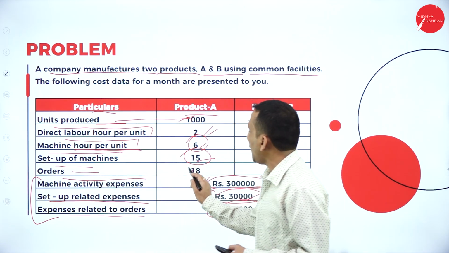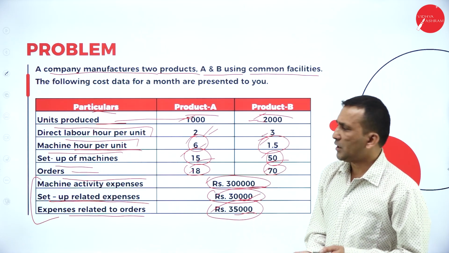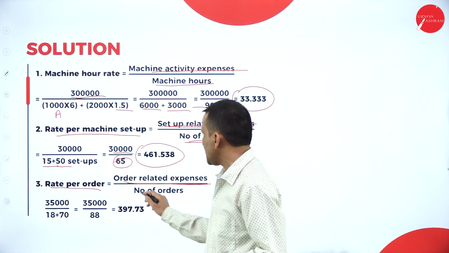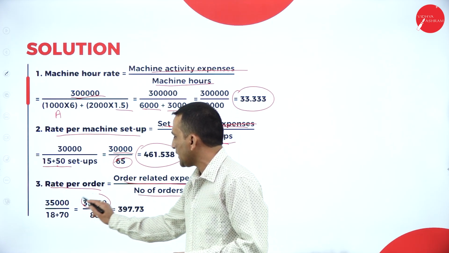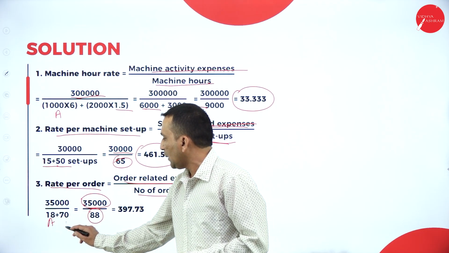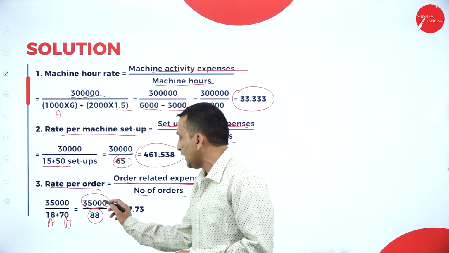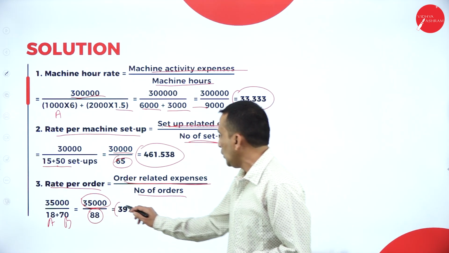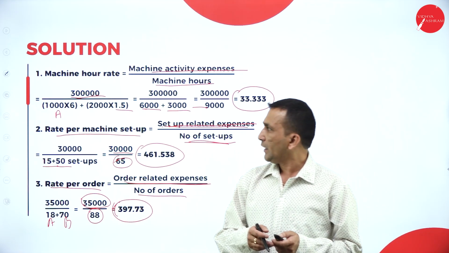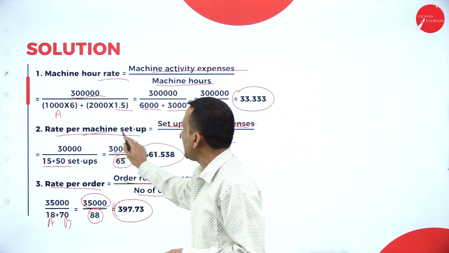Orders under product A are 18 and product B 70, so altogether we place 88 orders. 35,000 divided by 88 gives 397.73.